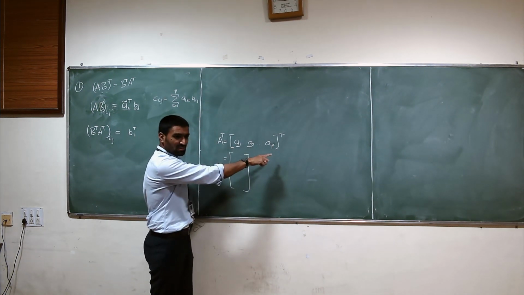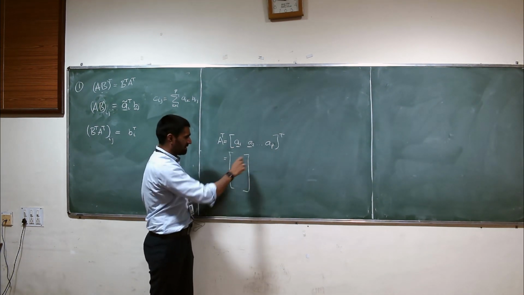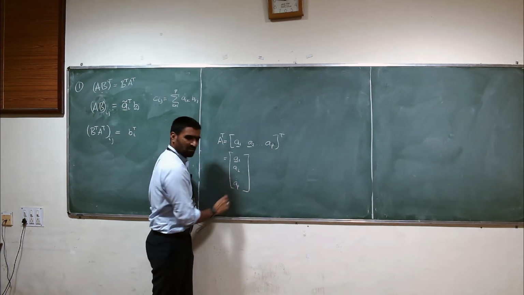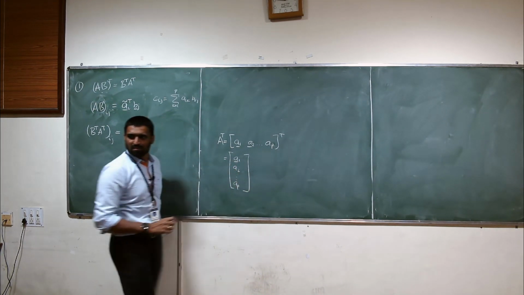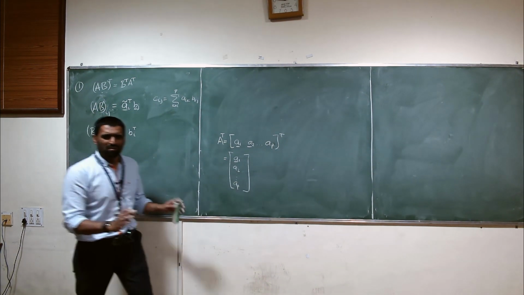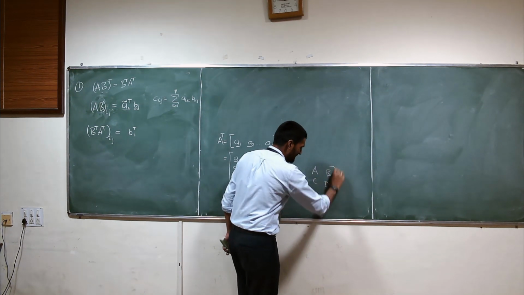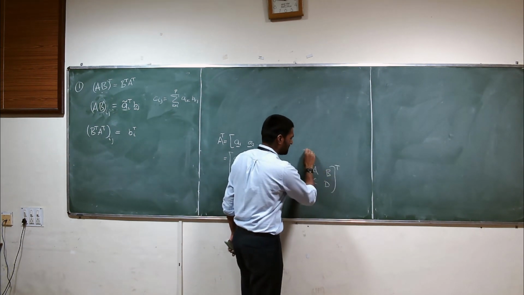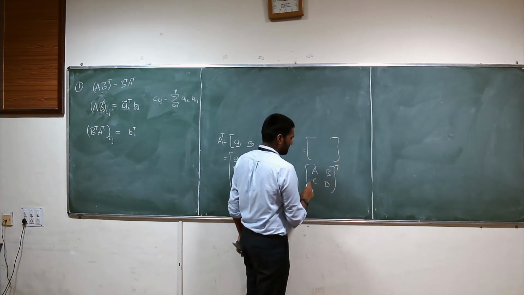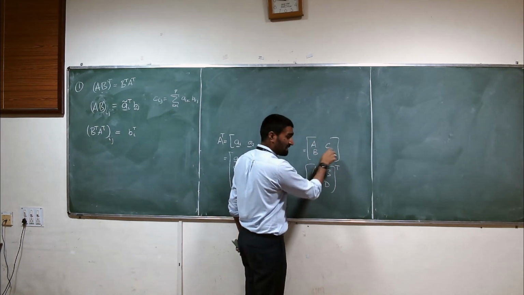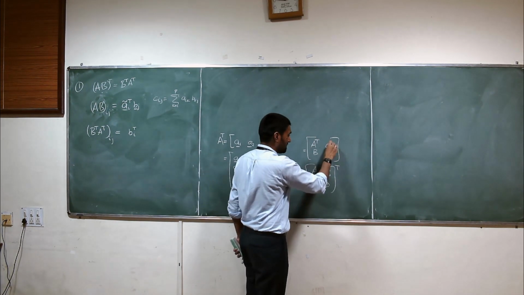What about the individual elements? Is it simply this? No, you remember the transpose of a block matrix? If you have a block matrix A, B, C, D, the transpose of this is what? A, C, B, D. But you have to take the transpose of the individual elements.